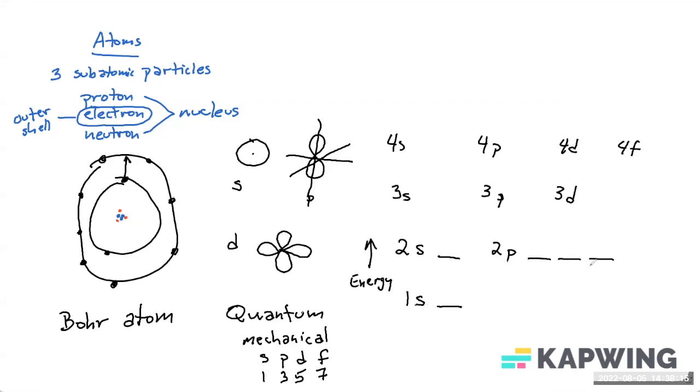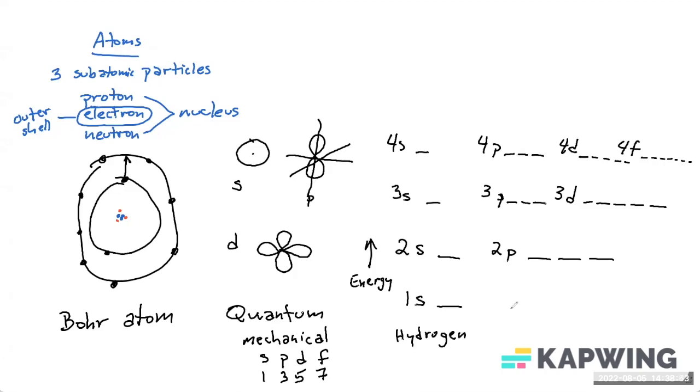There are 3 lines for the P because a P subshell has 3 orbitals. For the third shell, we have 5 for the D. And for the fourth shell, 4s, 4p, 4d, and 4f. All the same energy, 3, 4, 5, 6, 7. You get the idea. This is for hydrogen only.